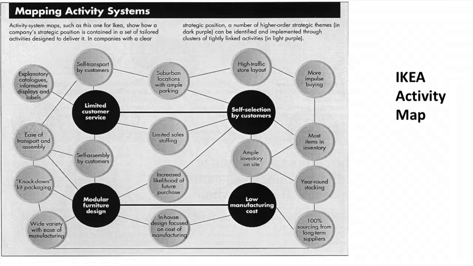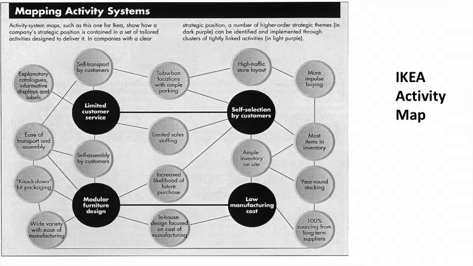And all these things together tell every single person in the IKEA system how we create value and what is my role. What circle am I in, and why is that circle important in creating the IKEA value?